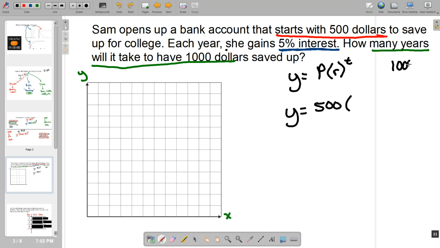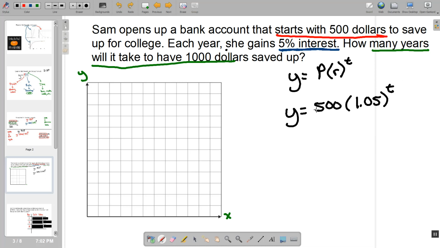So if we start at 100% and we want to increase by 5%, that means we will have 105% each year. Okay? So that will be, as a decimal, 1.05, and then raised to the t.